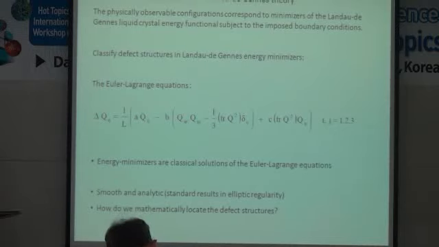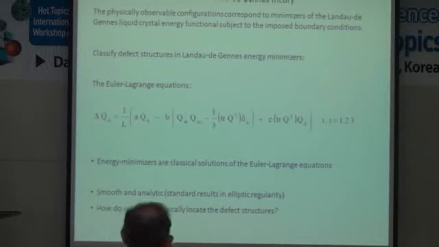These energy minimizers are classical solutions of these equations, and you can use results from elliptic regularity. This is already published in one of our joint papers. You can prove that these energy minimizers have to be analytic. In fact, any solution of this system of PDEs, with possibly some energy growth condition, has to be analytic.